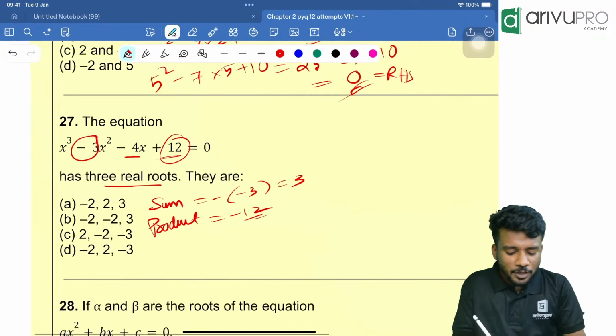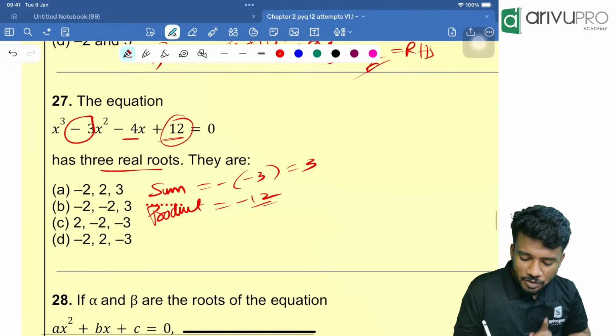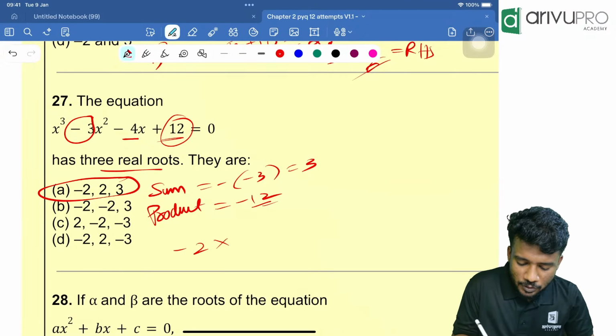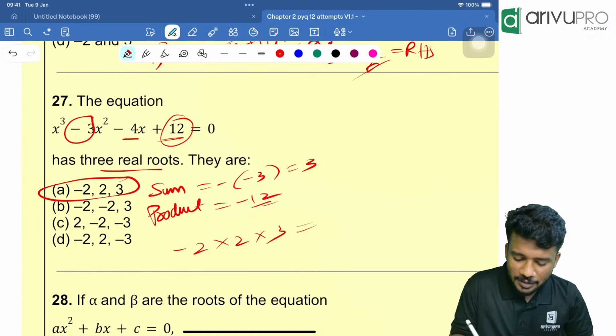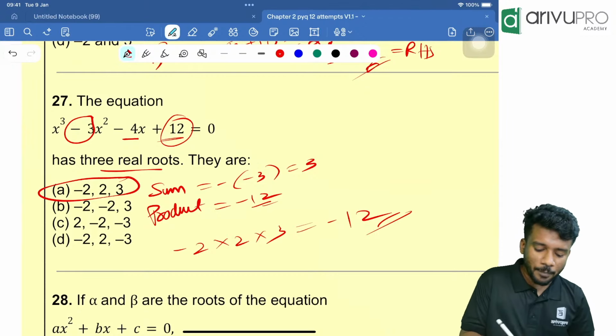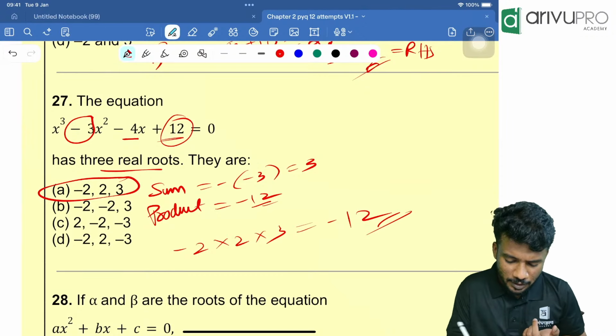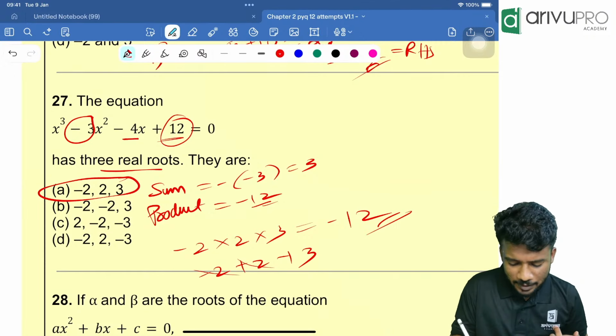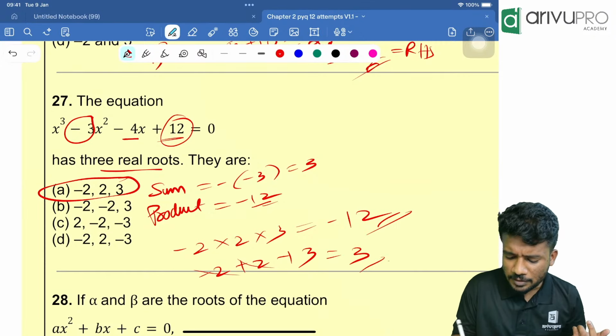Now tell me which option is giving you the answer. The product should be minus 12. Check option A: minus 2 into 2 into 3, which is minus 4 into 3, that is minus 12. Option A is your answer. The sum here is minus 2 plus 2 plus 3. Minus 2 plus 2 cancel. What is remaining? 3 is remaining.